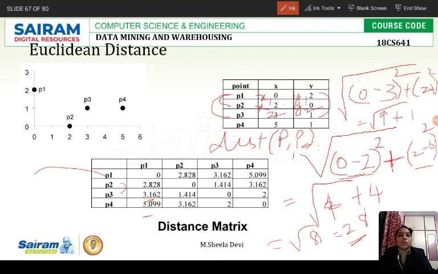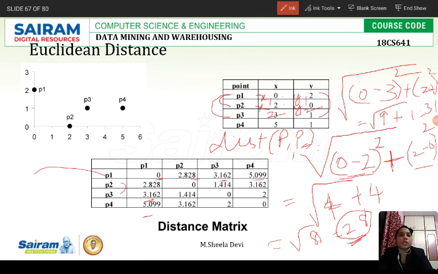Once we are done with that, we will have the distance between every 2 objects, mapped in this tabular column. See, P1 to P1. What will be the distance from one data object to the same data object? It will obviously be 0, so I am representing it as 0. The distance between P1 to P2 is what we calculated here, 2.8. Then P1 to P3 we calculated as 3.16, so I mentioned 3.16 here.